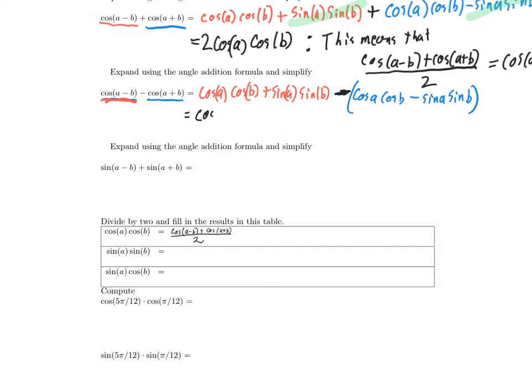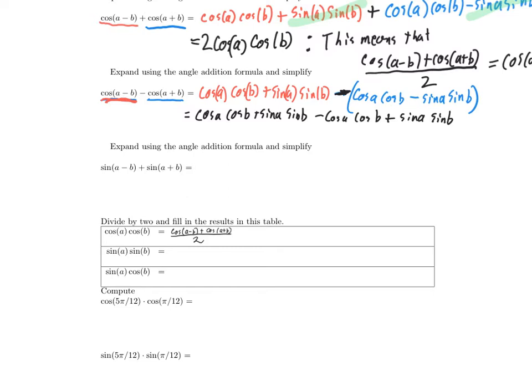So this is cosine a cosine b plus sine a sine b. I'll distribute that negative sign, minus cosine a cosine b, negative negative becomes positive, so plus sine A sine B.